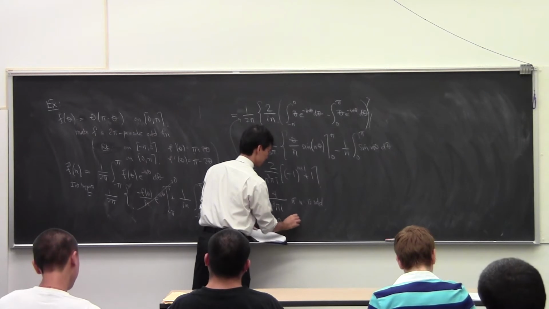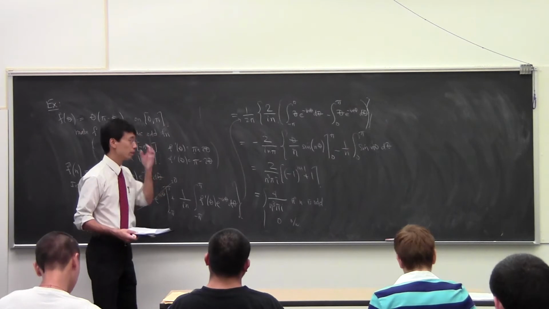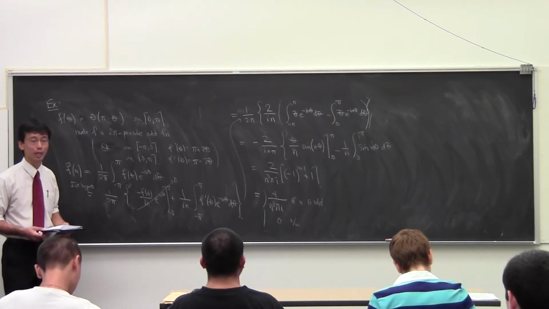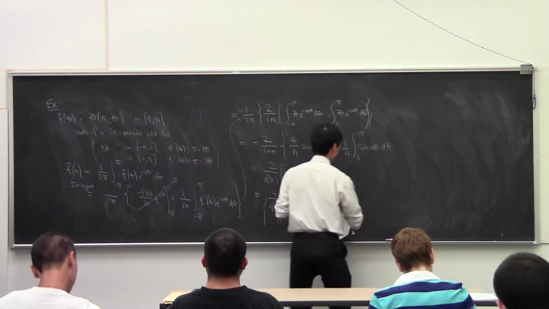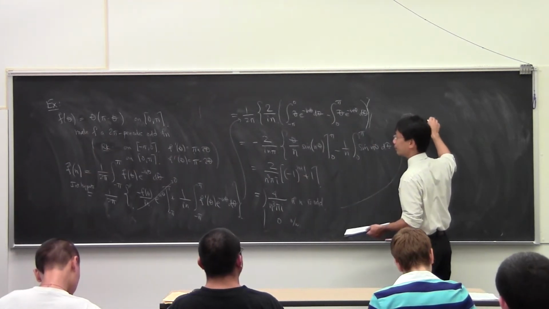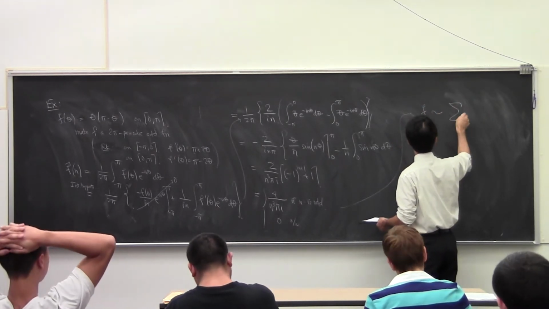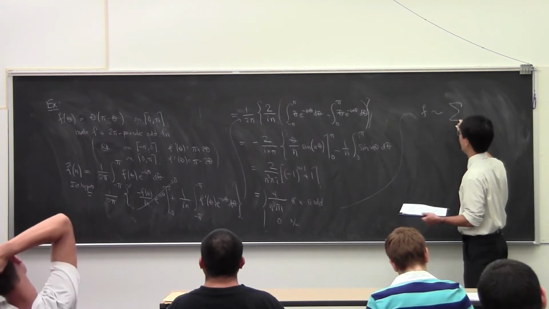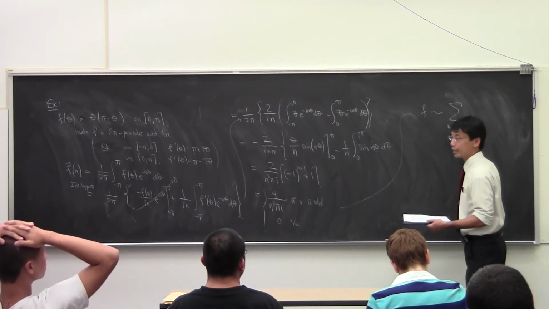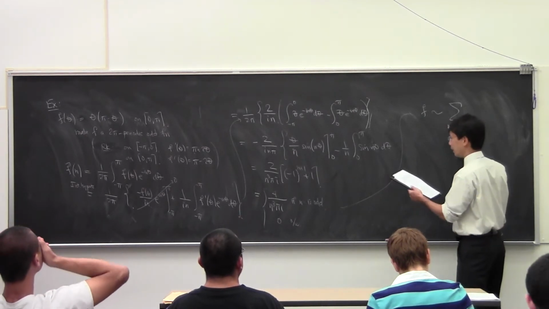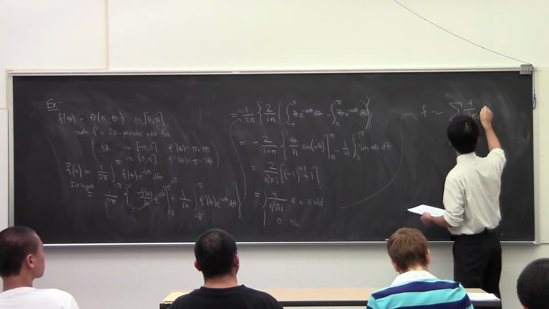And 0 otherwise. So sort of like a super calculus 2 exercise gives you the Fourier series. So the Fourier series of this function is the sum over all odd n, negative and positive, of 4 over n cubed pi e to the i n theta.